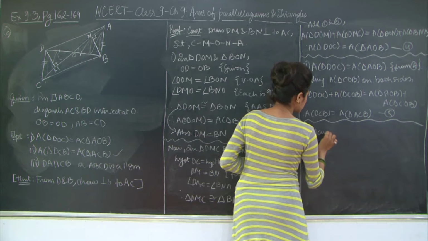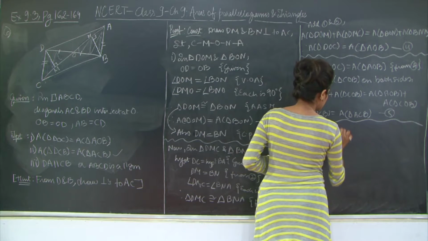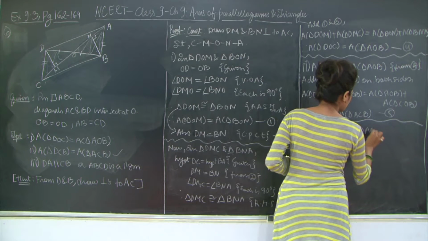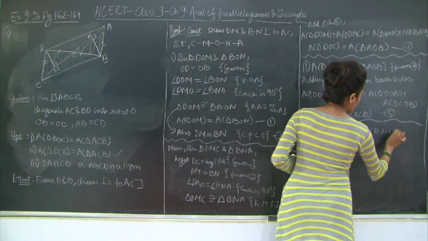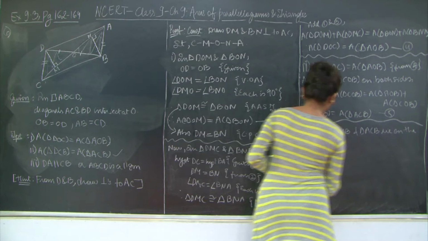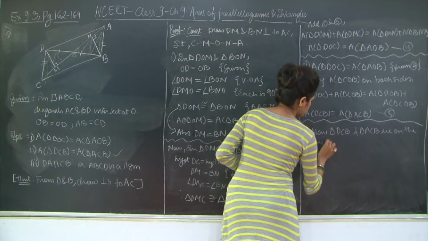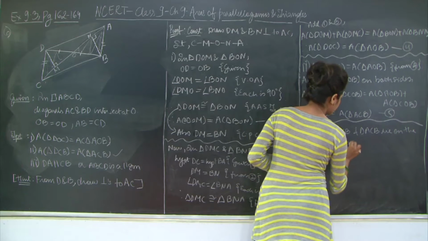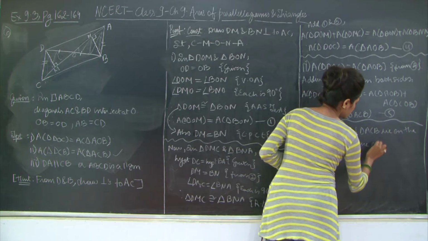Now, triangle DCB and triangle ACB lie on the same base. So, which is your same base? BC, and are equal in area.